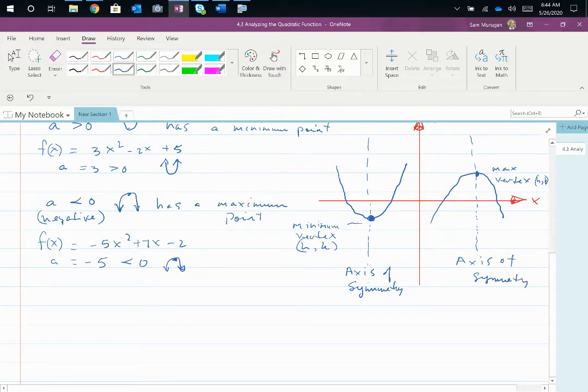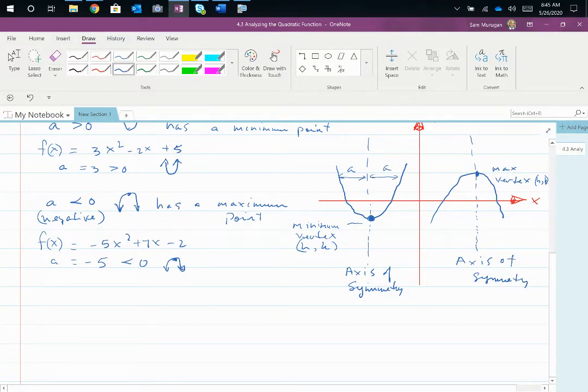And the reason it's called the axis of symmetry is that if we folded the graph on that line, we would have exact values to the left, and we would go exactly the same number of units to the left and to the right.